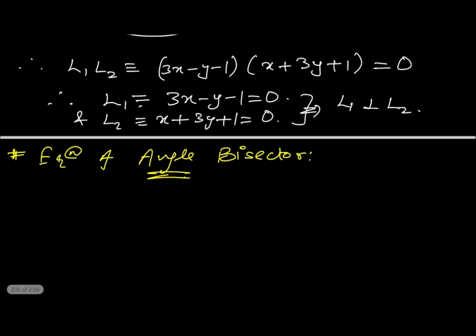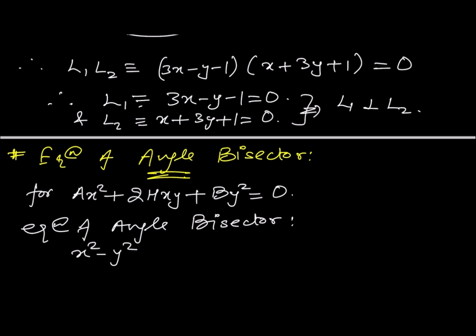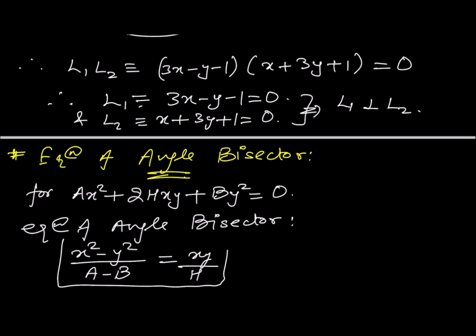So for ax square plus 2hxy plus by square is equal to 0, equation of angle bisector becomes (x square minus y square) upon (a minus b) is equal to xy upon h, right? This is the equation of angle bisector.